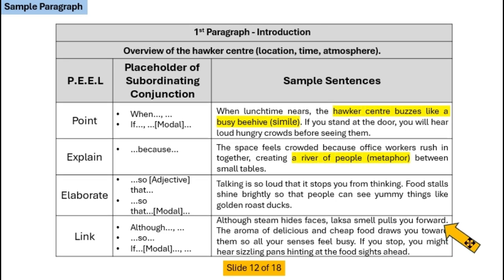Please pause the video to read slide by slide from slide 12 to slide 17 on how each paragraph is developed by using the PEEL framework and different arrangements of the grammar placeholders for subordinating conjunctions. These are the sample sentences in the paragraph that are developed by respective placeholders.